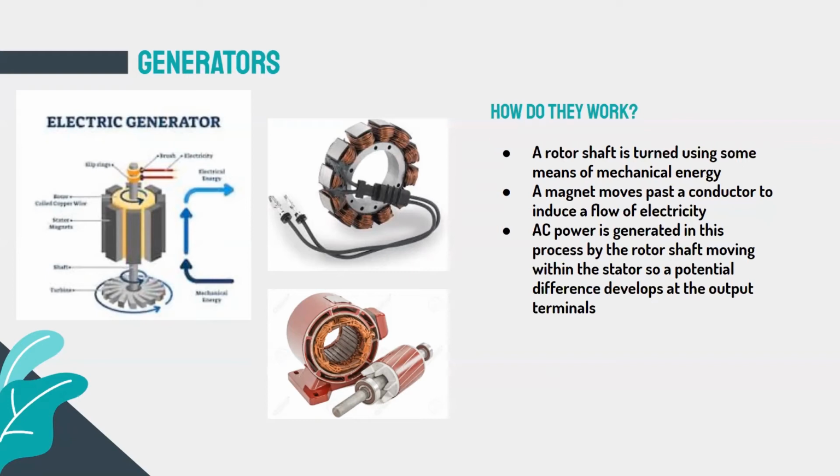So the way that they work is a rotor shaft is turned using some means of mechanical energy, whether it be water, whether it be wind, whether it be someone trying to hook up an exercise bike to get some free electricity, then so be it. A magnet will move past a conductor to induce some flow of electricity for us. And the potential difference will be created at the terminals of this rotor and stator.